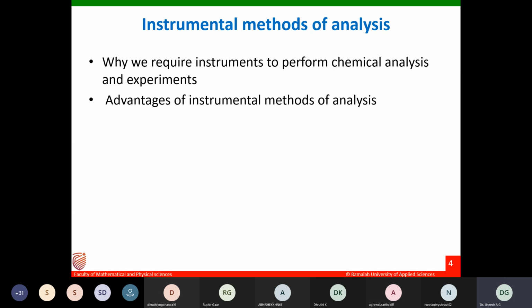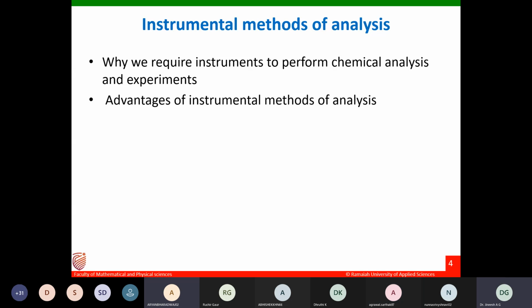In all titration experiments that you have performed, you added an indicator and checked when the color changed. Then you got your end point. Then you used that old famous equation N1V1 equals N2V2 and found the concentration of the solution. So your performance is based on how well you can identify the color change.